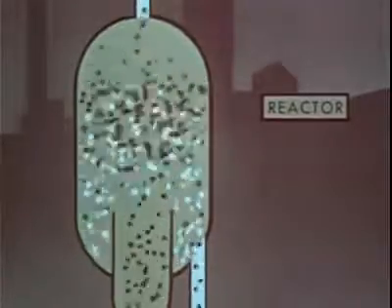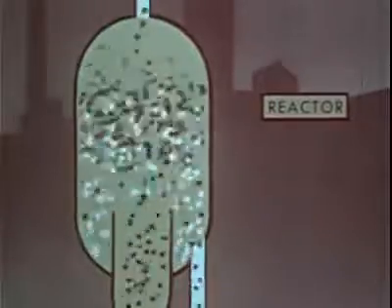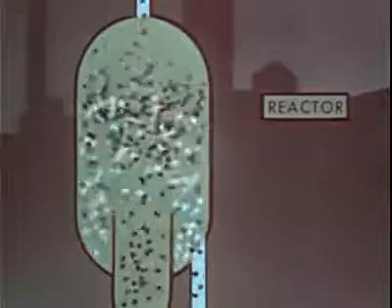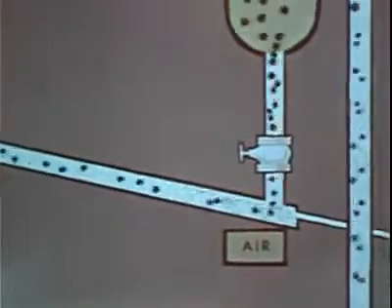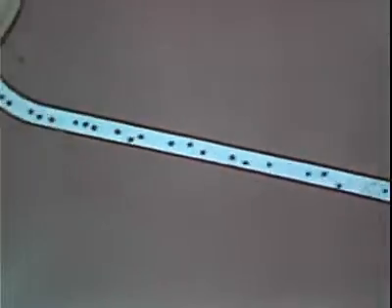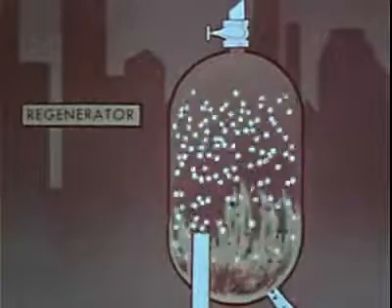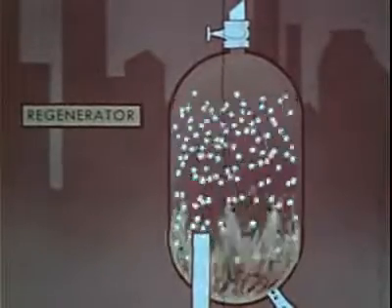These move out at the top. As the catalyst becomes covered with coke, it becomes less active and is drawn off at the bottom. Air blows it through a pipe to the regenerator where the coke is burned off. This reheats the catalyst, which again joins the flow of incoming oil.